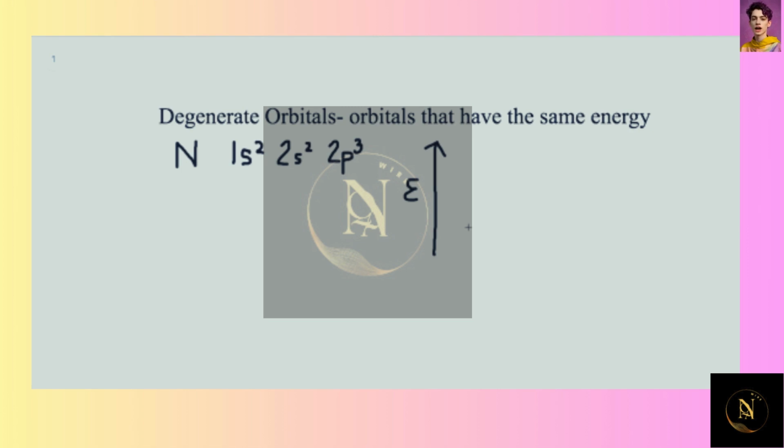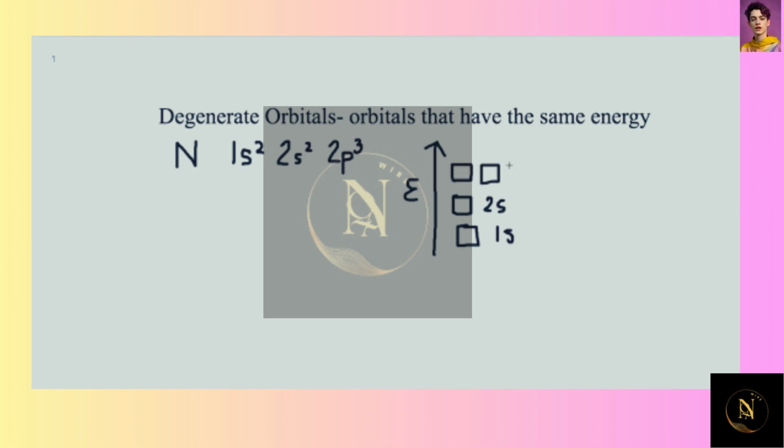Given that 1s is close to the nucleus, according to Coulomb's law, the electrons in the 1s orbital are lower in energy than the electrons in a 2s orbital. So 1s will be the lowest. Then we'd have 2s, where the electrons are a bit further away, increasing the energy. And lastly, we have a 2p orbital.